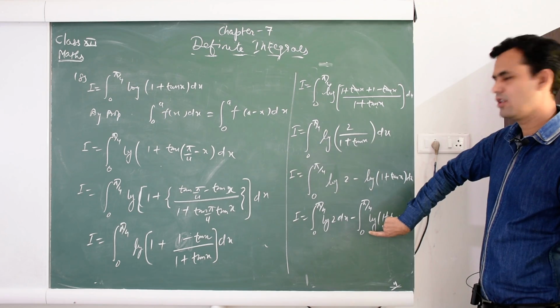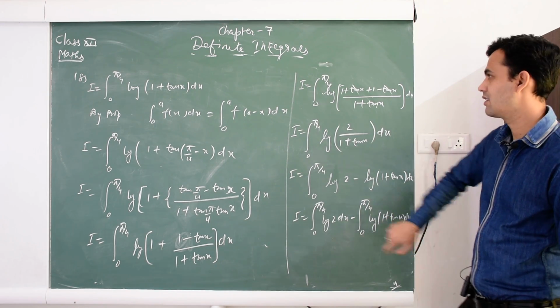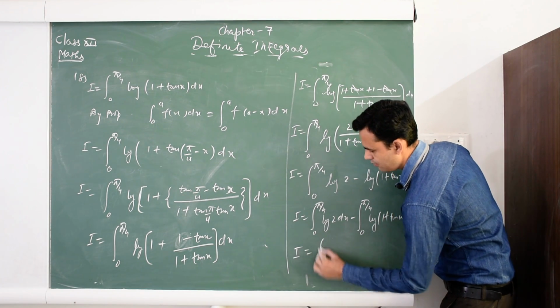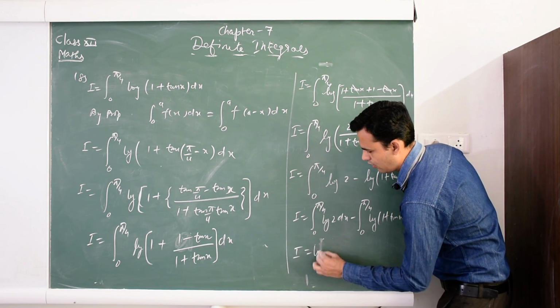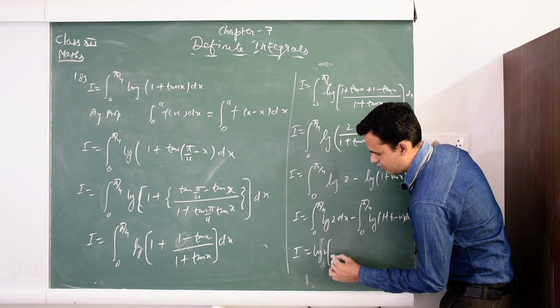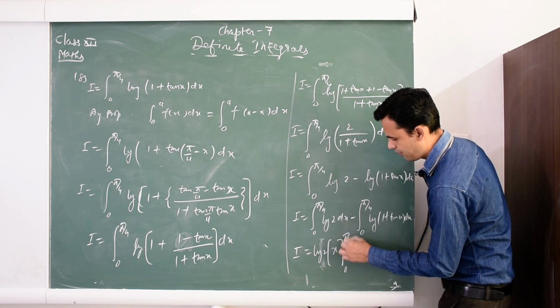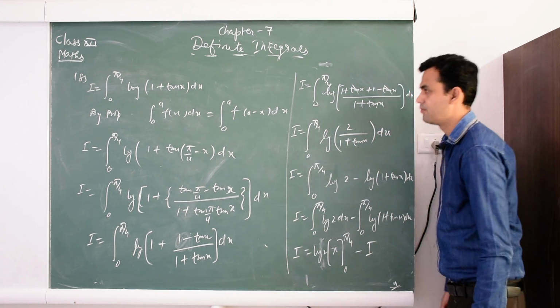This integral 0 to pi by 4 of log(1 plus tan x) dx is equal to I. So we put here log 2, the integration of dx is x, from 0 to pi by 4, minus I. Okay.